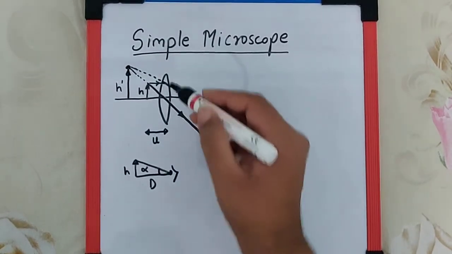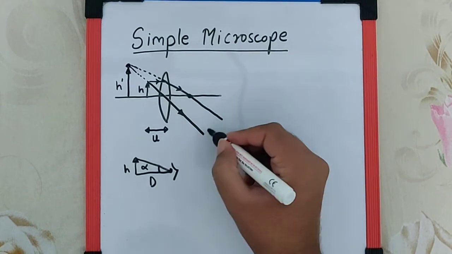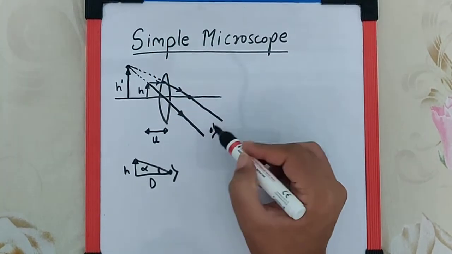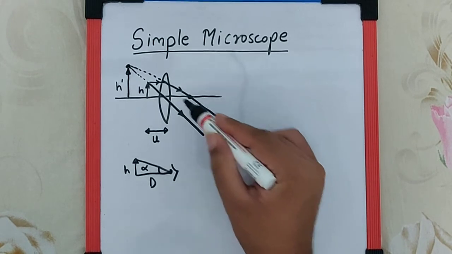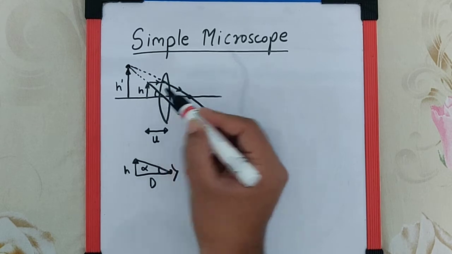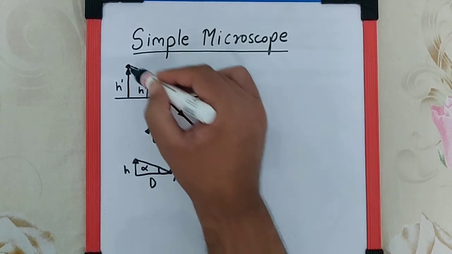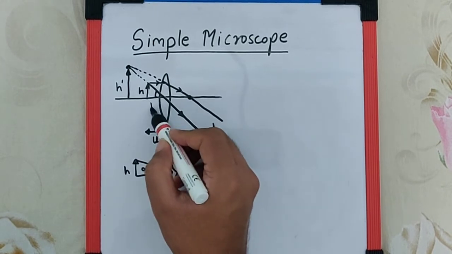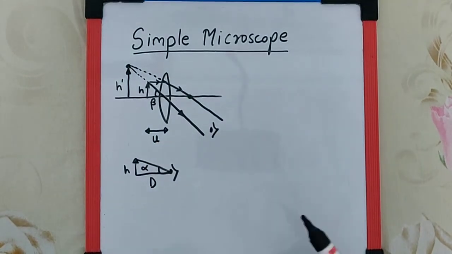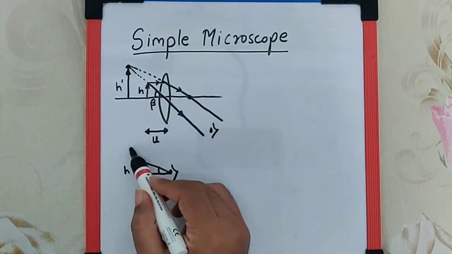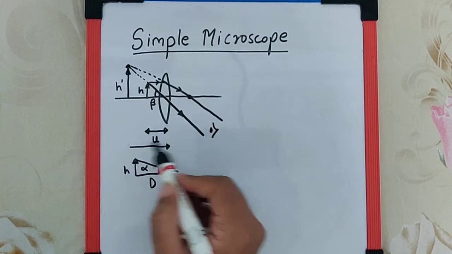Now since we are using the magnifying glass, when we watch the image, this is how we look at the image, and therefore the angle made by the magnified image ray with the principal axis is called beta. And the distance of the image from the lens is considered as v.